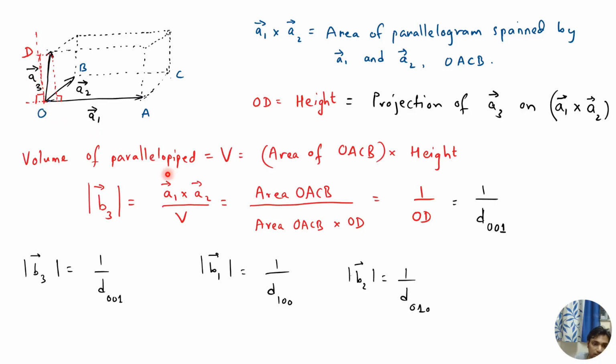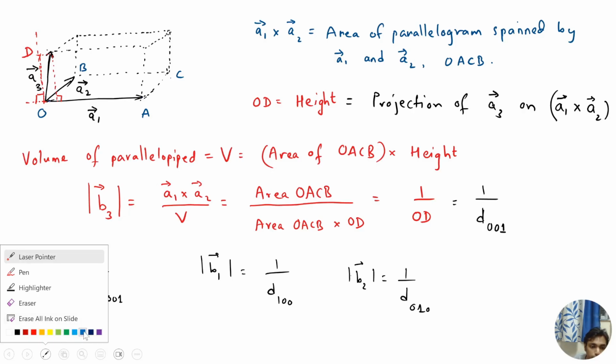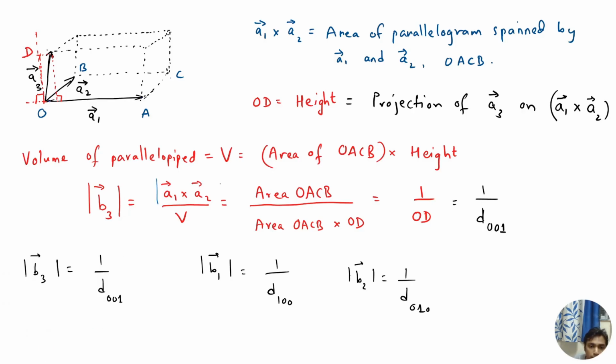OD is this length. So what is B3? B3 is A1 cross A2 divided by the volume V. So what is V? If you take the magnitude of that, you have to take the magnitude of this as well.